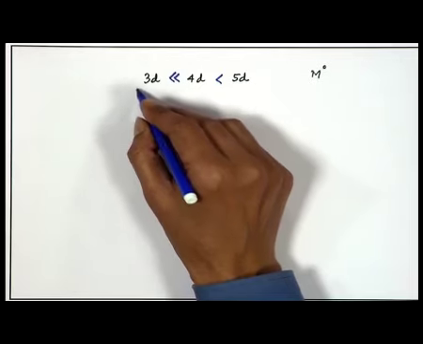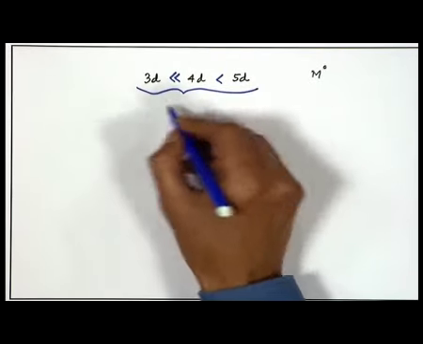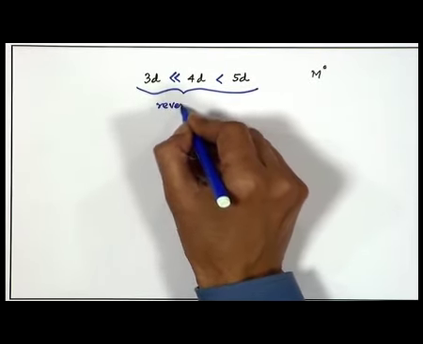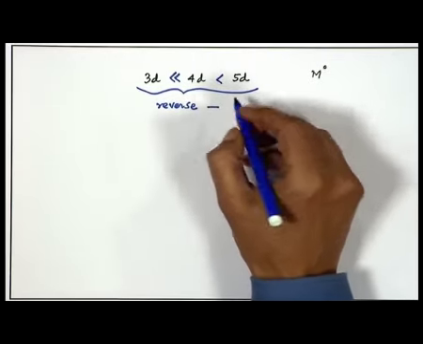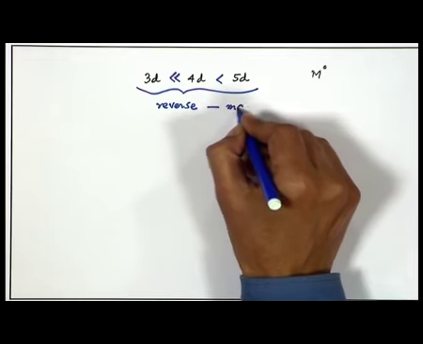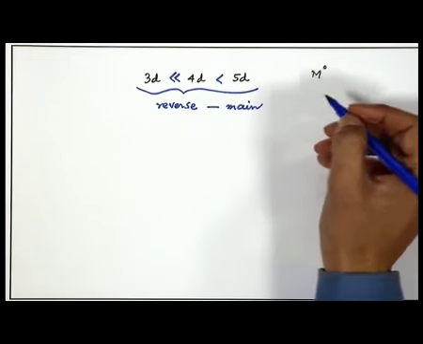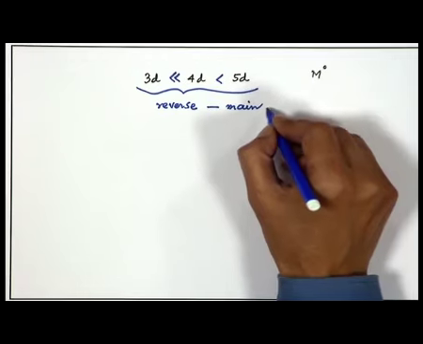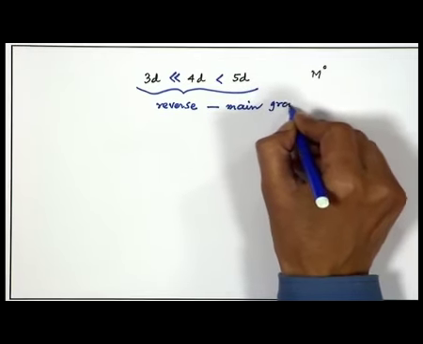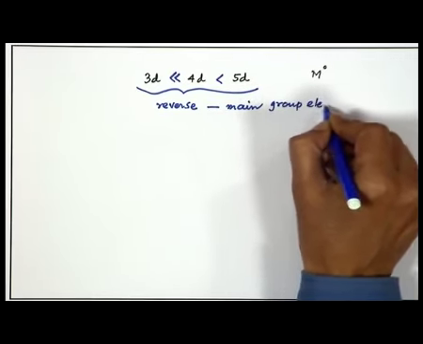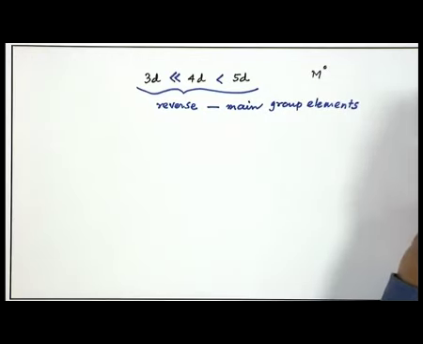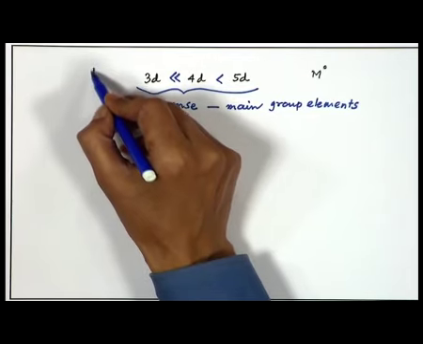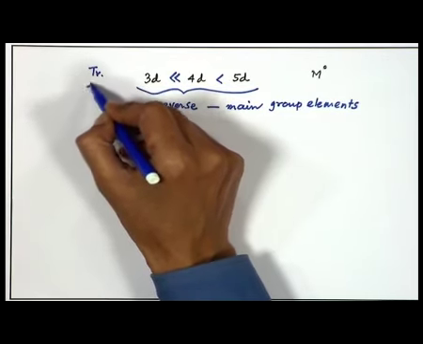So, this trend is reverse to that normally found for main group elements, that means the S block and P block elements. What we find for main group elements is different for these transition elements.